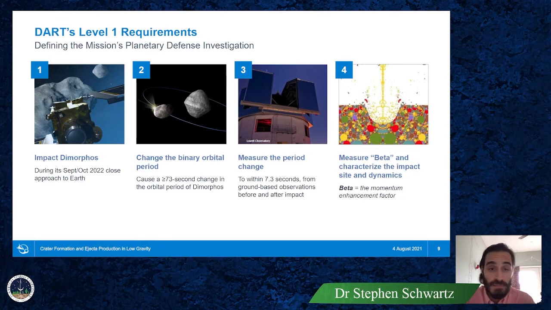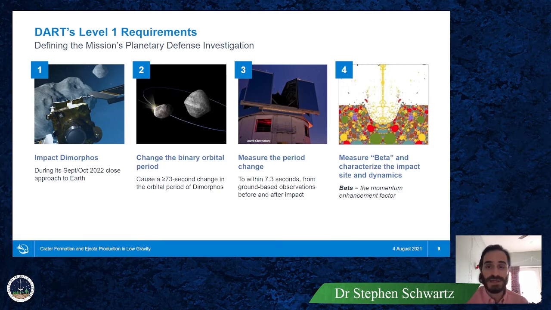And the next one is to be able to, with that impact, change the binary orbital period and cause at least a 73-second change in the orbital period, which is currently around 12 hours. And then be able to measure that period to within 10% of the targeted minimum change in orbit, which is 7.3 seconds. And that's from ground-based observations.